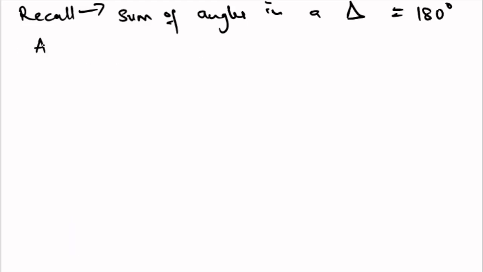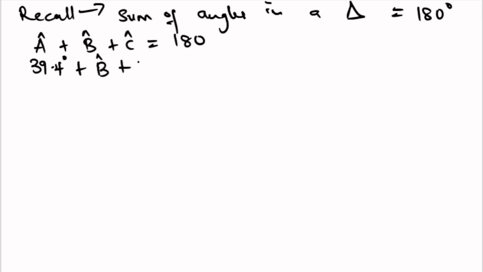So we'll have angle A plus angle B plus angle C equal to 180 degrees. For A, we have 39.4 degrees, plus B, which is what we are looking for, plus C. C will have 116 degrees, which is equal to 180 degrees.